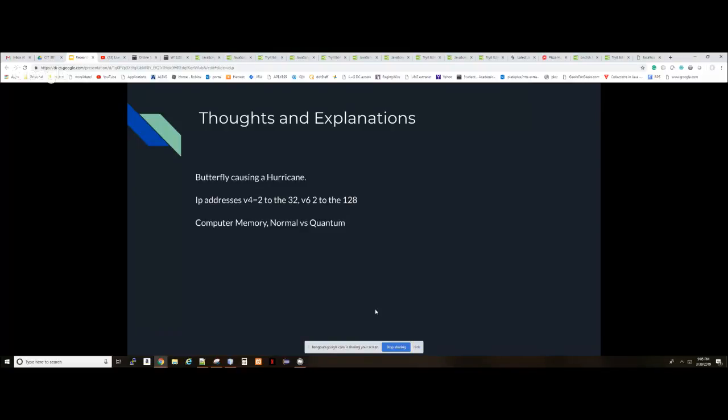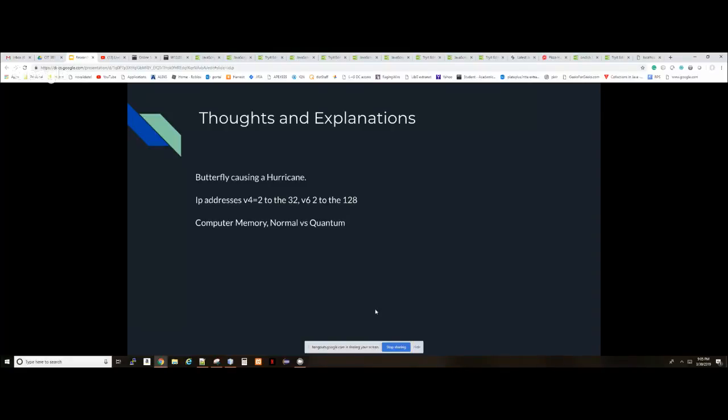And so with IPv4, there's a total possibility of 4.2, 4.3 billion total IPv4 addresses. With IPv6, I don't even know the number. It's so monstrously large. I don't even know how to count that high.